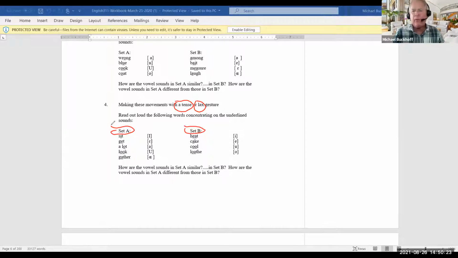So that's number four. To review, you have to think of the tongue: is it high or low? Is it moving toward the front or the back of the mouth? Is the tongue soft or hard? And are we rounding the lips or not? That is what we call the basic characteristics of both consonant and vowel sounds.